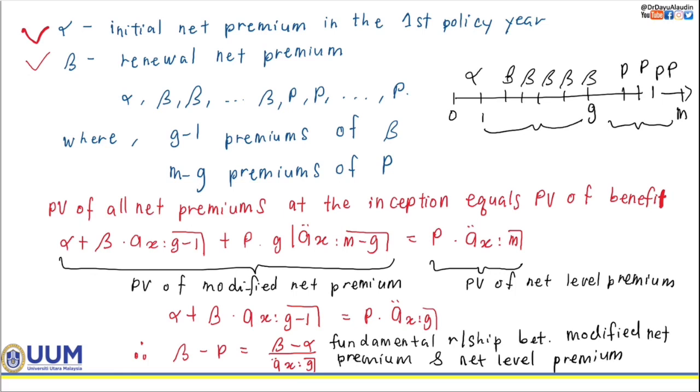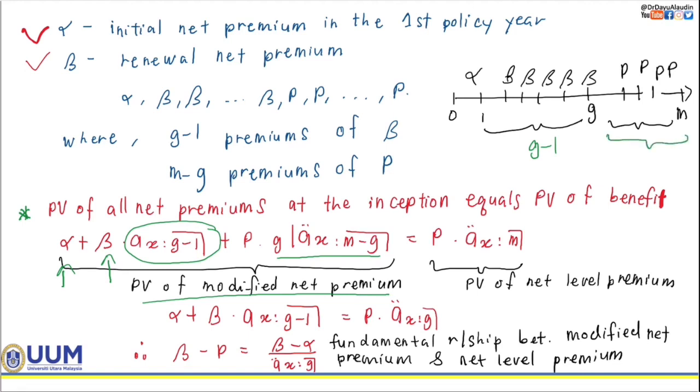The present value of all net premiums at inception equals the present value of the benefit. So this is the present value of the modified net premium, including the initial net premium, plus the renewal net premium times the annuity at age x for G minus 1 years, plus the premium P times the deferred annuity due for this net level premium.